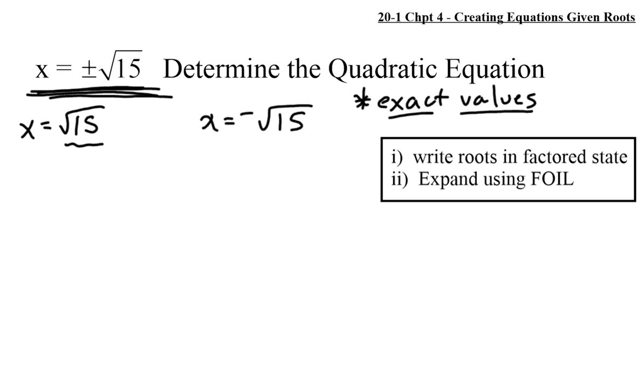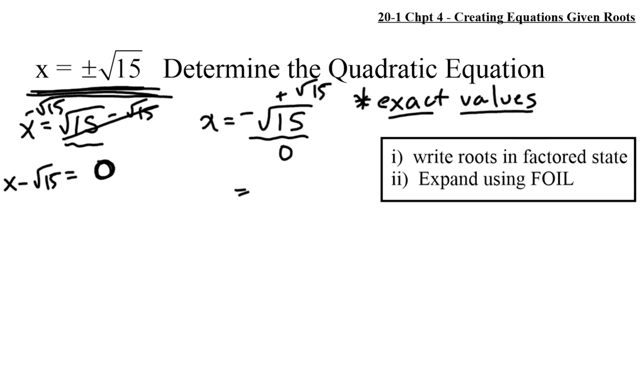I want an expression equal to 0, so I'm going to subtract root 15. Subtract root 15. What I have, take it away, gives us 0, and we're left with x minus root 15. Do the same thing here. We want this to have a value of 0, so we're going to add root 15.